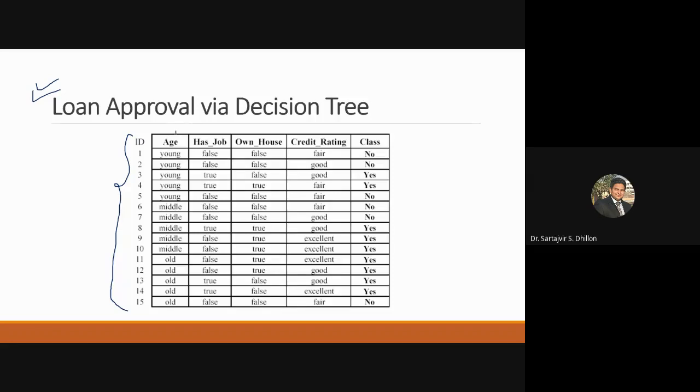Age is simply divided into three parts: young, from 18 to 30, then 30 to 60, and more than 60. And then whether you have a job, a house, and your credit rating. These are the most important parameters on which a loan is given to you.